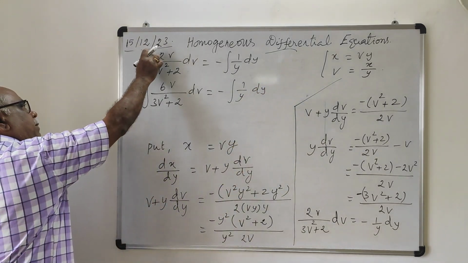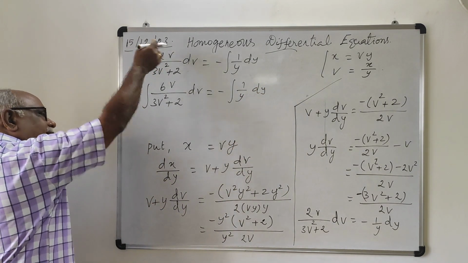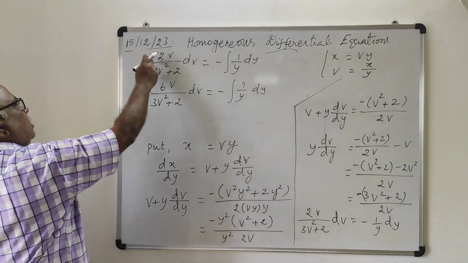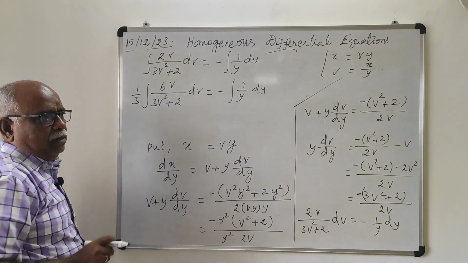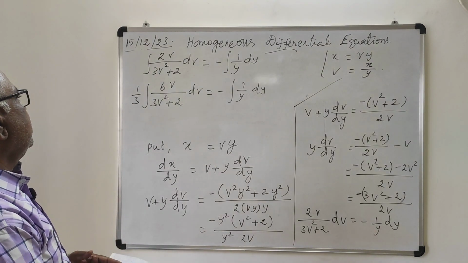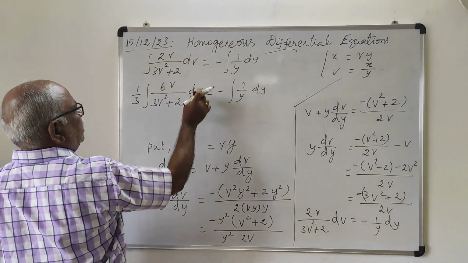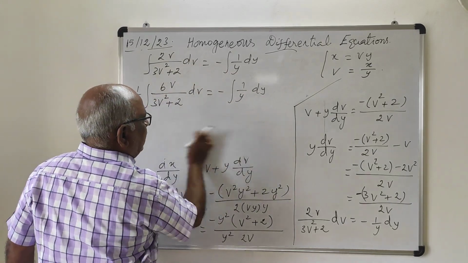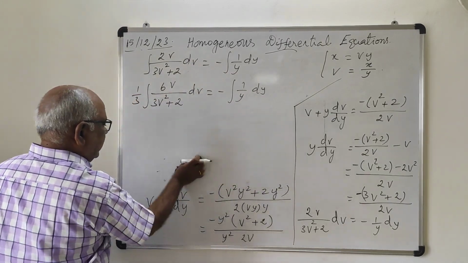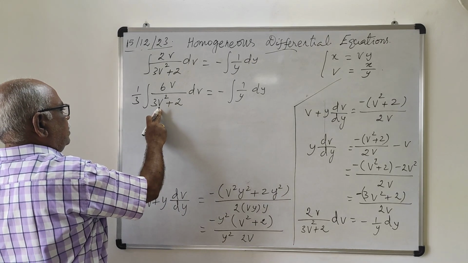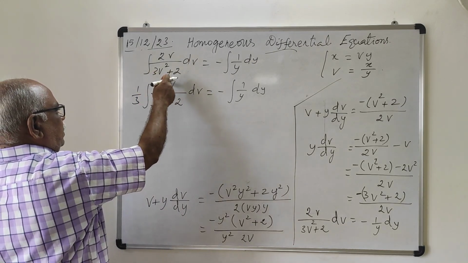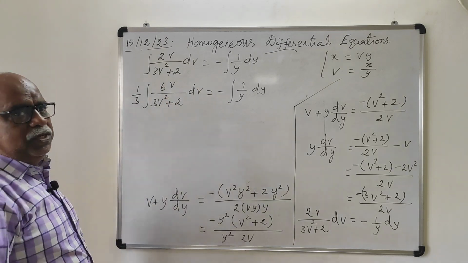I am multiplying numerator and denominator by 3. So I get 3 2s are 6v in the numerator, and the denominator 3 I can take out of the integral: 1 by 3 into integral 6v by 3v square plus 2 into dv, because the derivative of the denominator is in the numerator, f dash of x by f of x form. See, derivative of 3v square is 6v, 3 2s are 6v, plus derivative of constant 2 is 0.